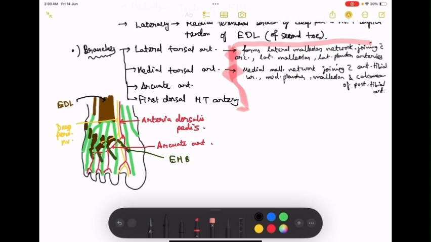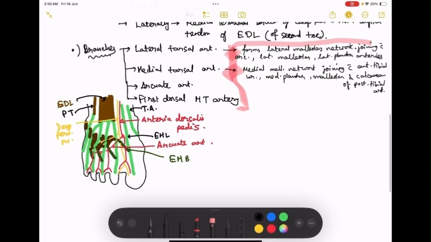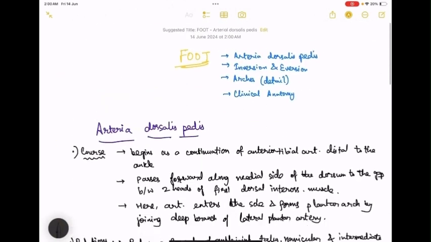Then you have peroneus tertius, PT, I'm just writing, peroneus tertius. You have the tibialis anterior tendon. You have the extensor hallucis longus tendon. Right. So this is the diagram. Now let's move on to the other topic.